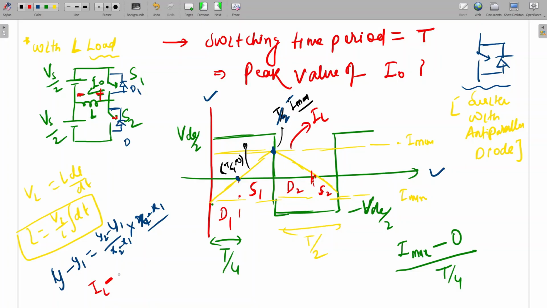So IL minus 0 is equal to slope: I max divided by T by 4, into x minus x1. What is the x value? T minus T by 4.